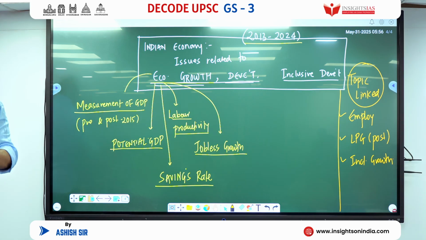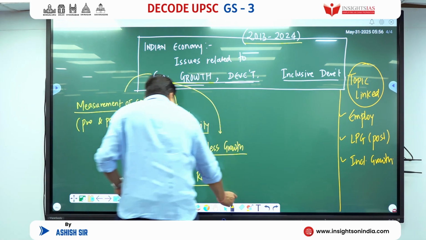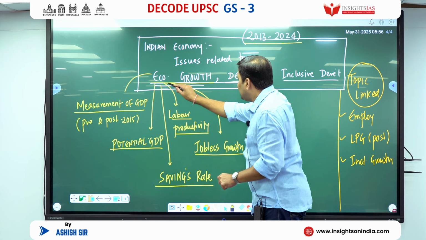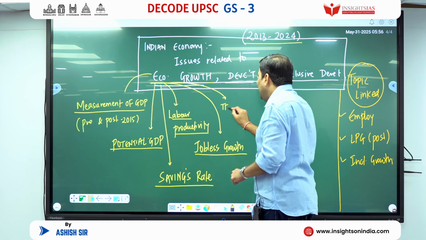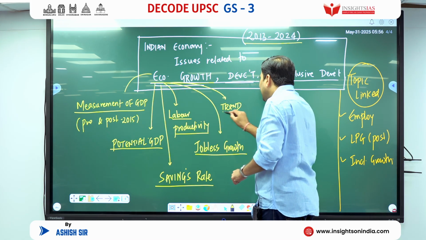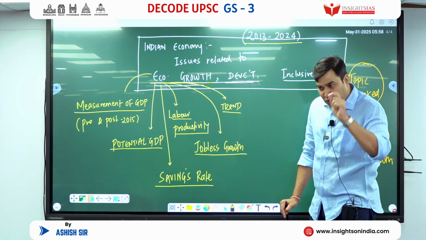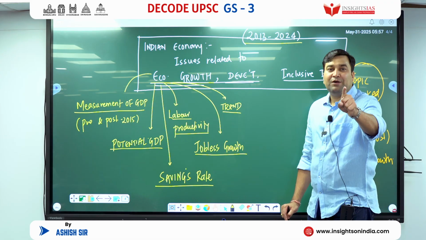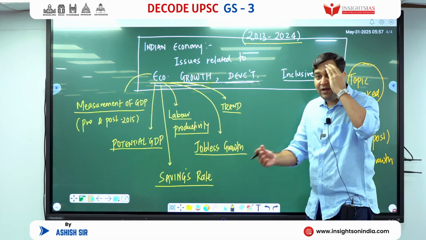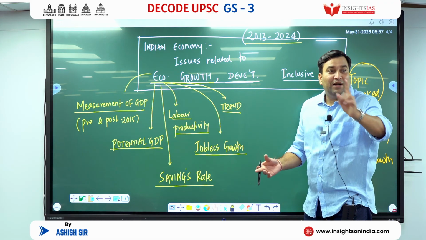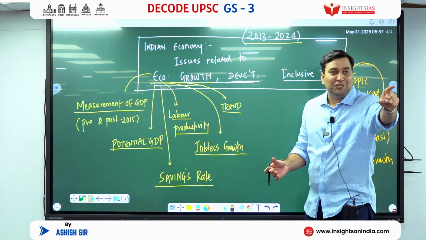The question is, what is the trend of economic growth in India? Indian economy, if you try to understand, is in good shape even today. Why in good shape? Because GDP is increasing, but at a constant inflation.